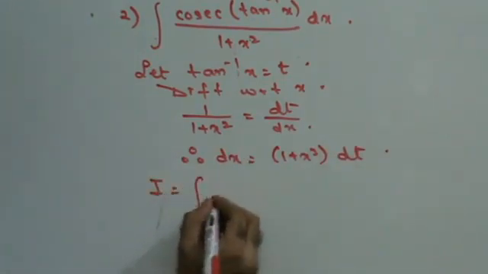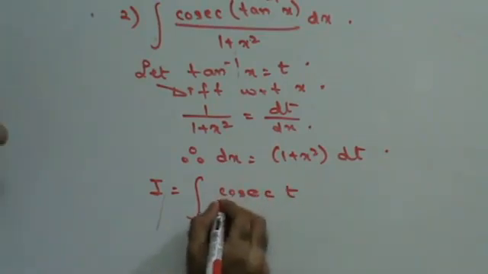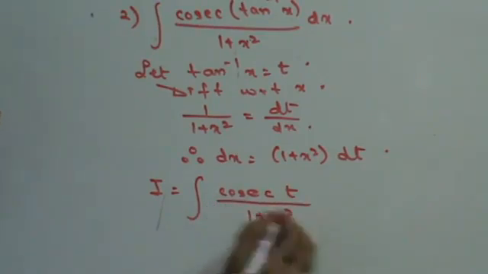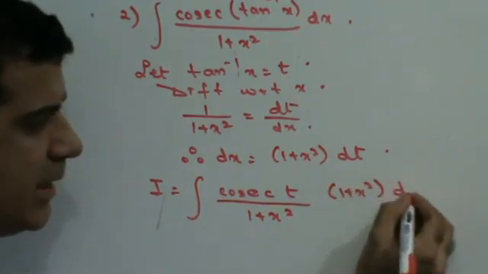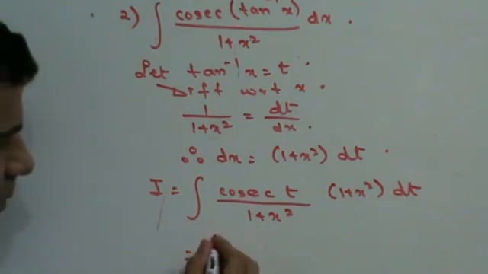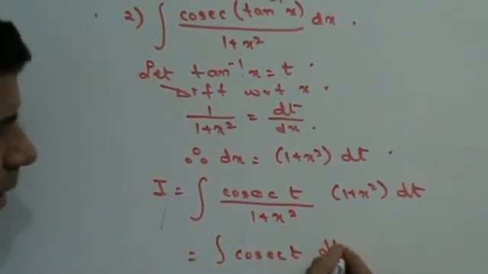I is equal to integral of cosec t upon 1 plus x square. Dx can be written as 1 plus x square dt. Now this is nothing but integral of cosec t dt.